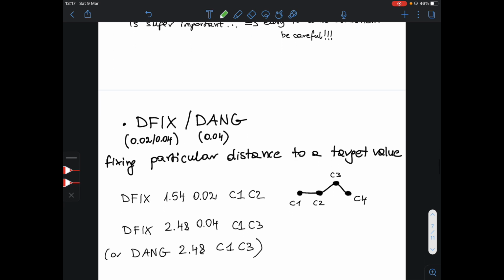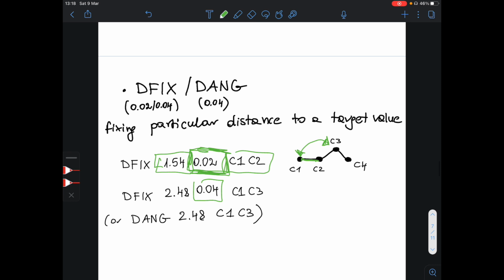Another type of restraints are DFIX or DANG. So DFIX fixes some distance, let's say a 1-2 distance, to this value, and the default uncertainty, standard deviation, or strength of the restraint is 0.02 for 1-2 distances. Whereas for 1-3 distances, the default value is 0.04.